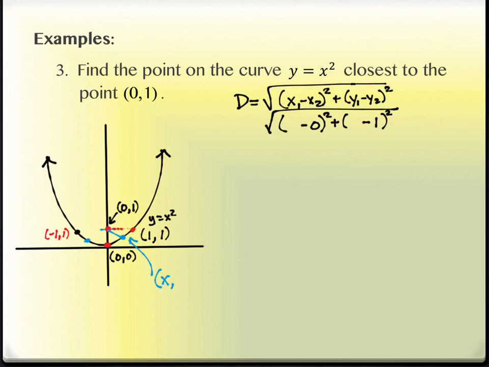But whatever the x value is, what would I have to do to find its corresponding y value? I have to square it. So whatever x is, y is x squared, because that's the equation of the curve I'm on. So whatever equation you were given, you would do the same thing. There's nothing special about the equation y equals x squared. This is just the specific one for this problem.